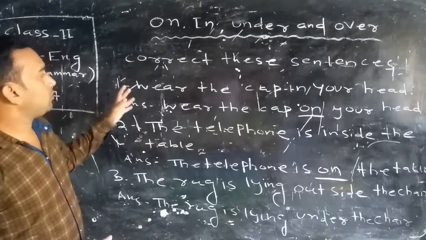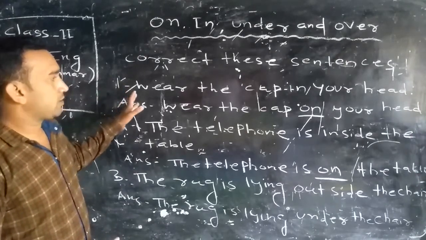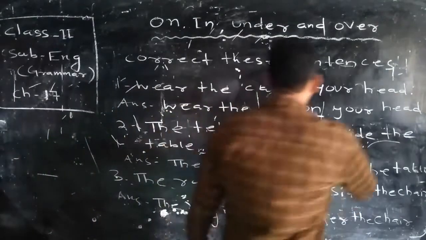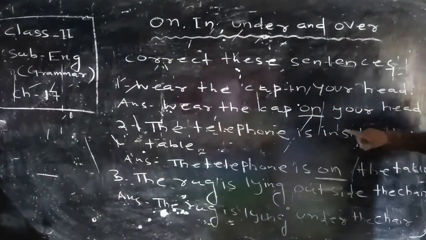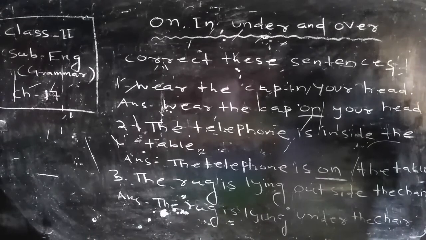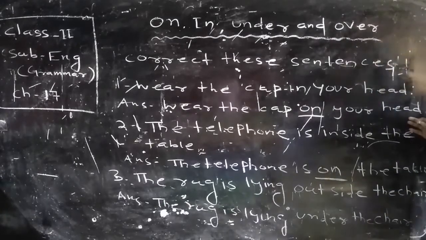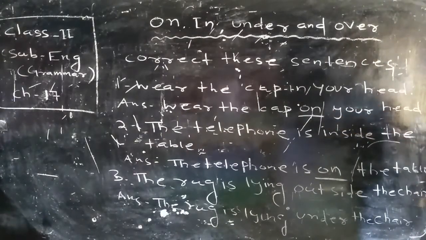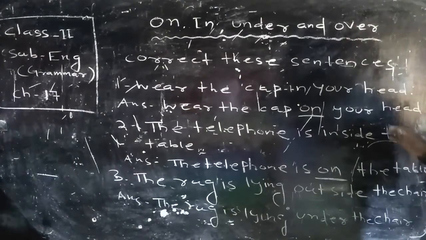So we have to change a word here: 'in' is used, but the answer is 'on'. Where the cap on your head? 'In your head' is not possible, how can you wear it inside? It will be 'on your head'. So we have to change the sentence to: where the cap on your head. Okay, we change this.